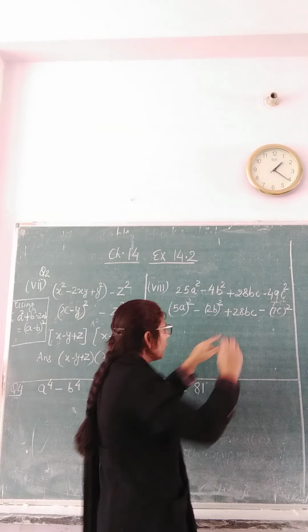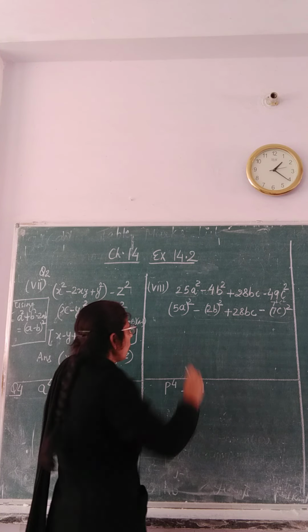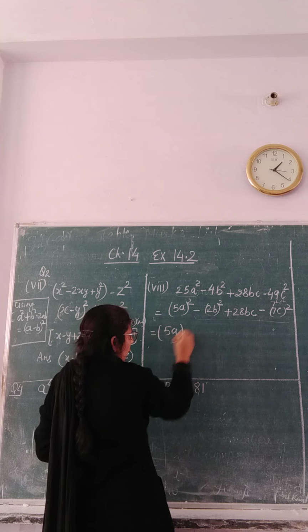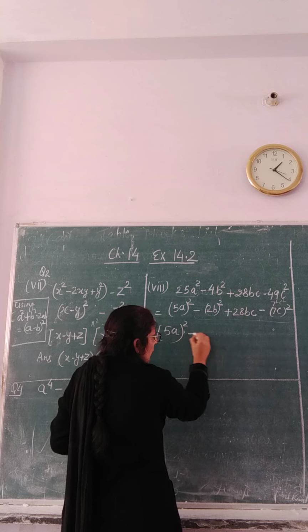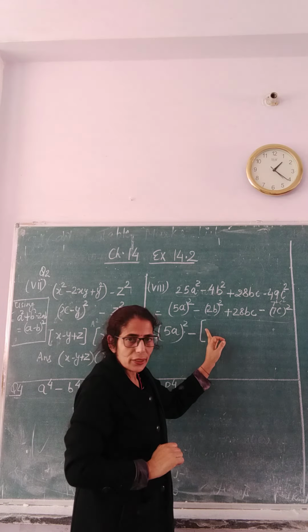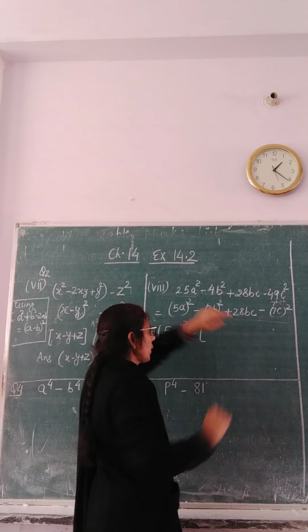It means the sign reversal is now required. So I will take the minus sign common from all these terms. I will keep 5a whole square as such, take the minus sign common and apply a bracket. Because the minus sign is outside the bracket, the inner signs will be changed.